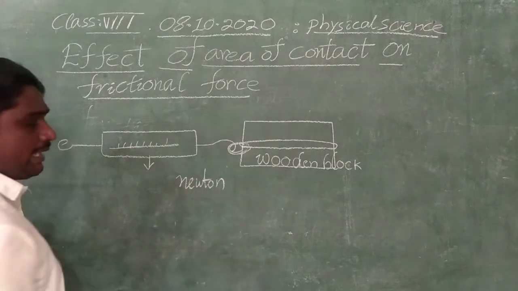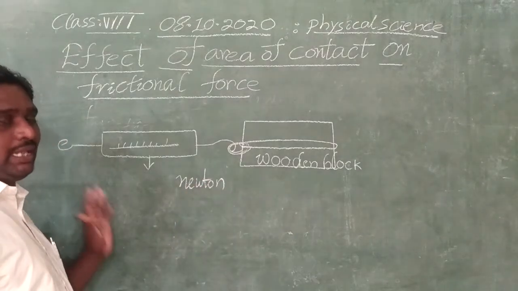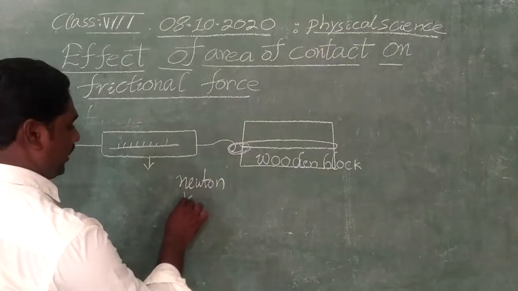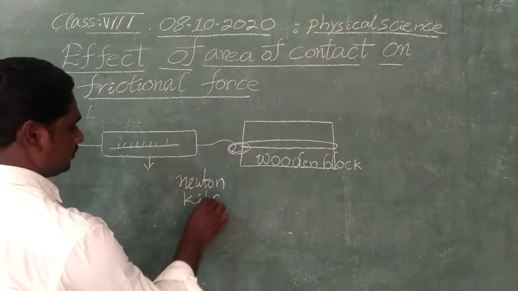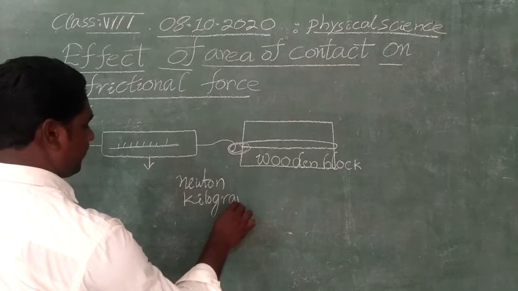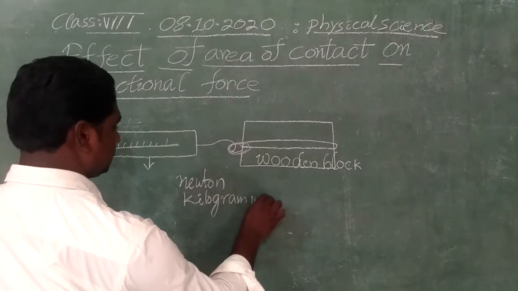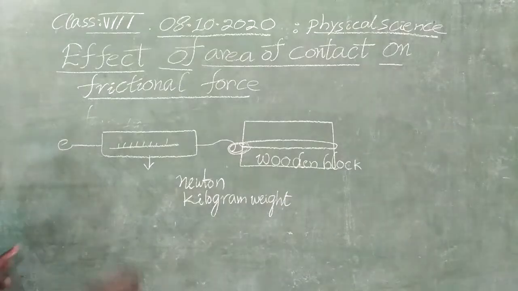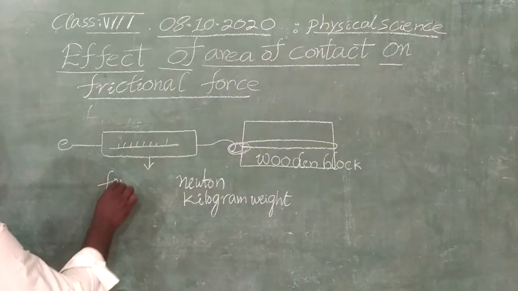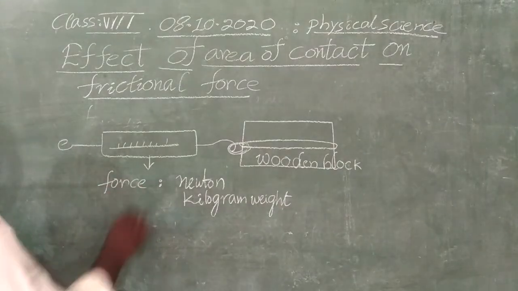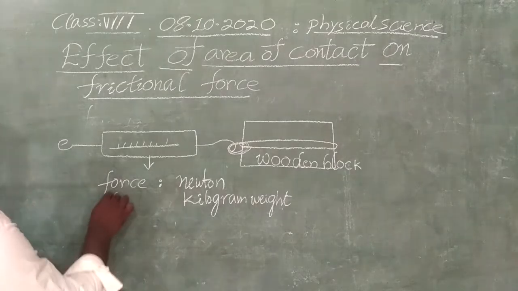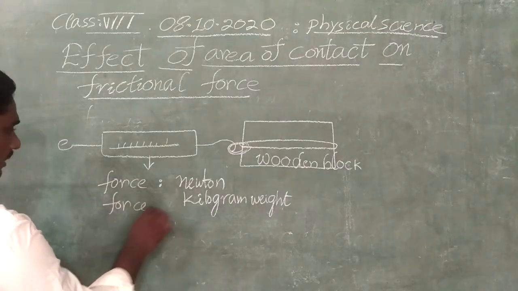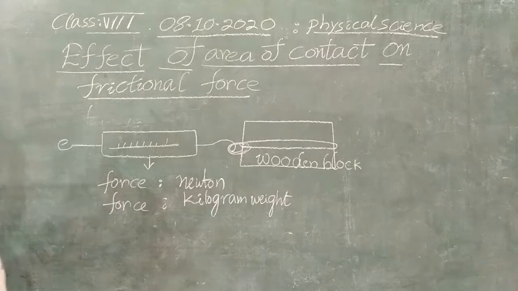In some spring balances, the applied force is given in kilogram weights. Okay, students, these spring balances are used to measure the applied force. The force is measured in newtons or in kilogram weight.